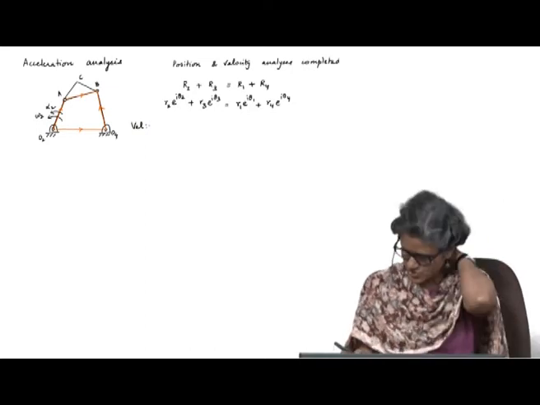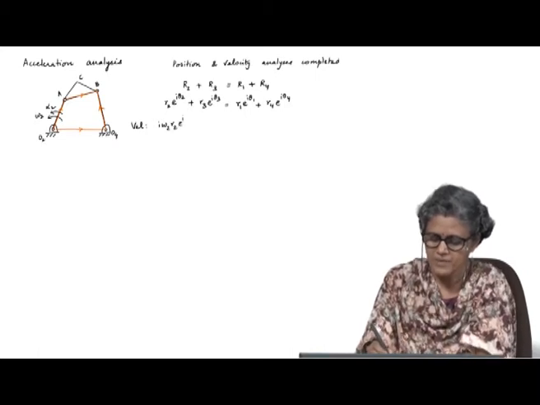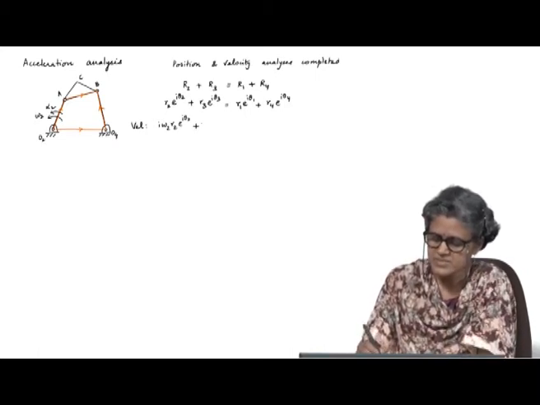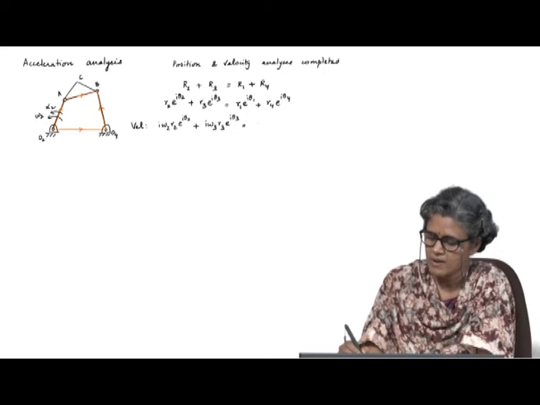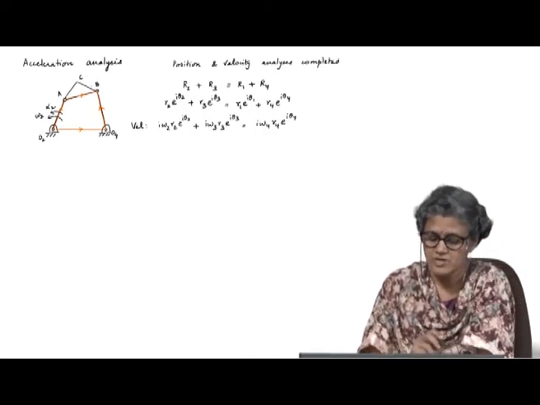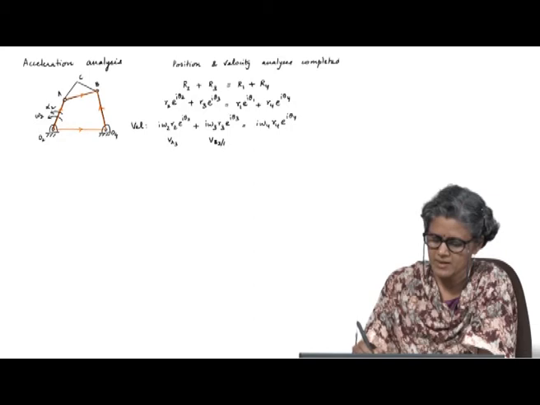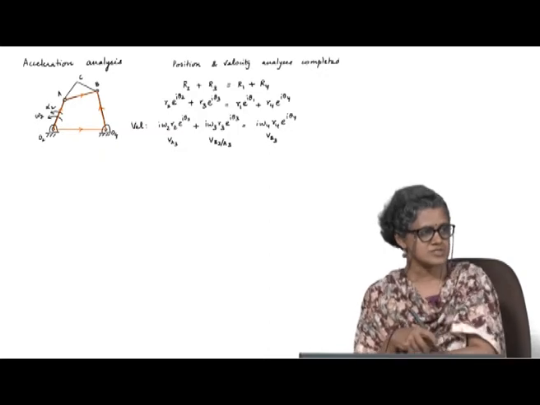Differentiating this to get the velocities, I got i omega 2 R2 e power i theta 2 plus i omega 3 R3 e power i theta 3 equals i omega 4 R4 e power i theta 4, which basically related the velocities of points A and B on link 3. So, I had velocity of A on 3, B relative to A, equals the absolute velocity of B.